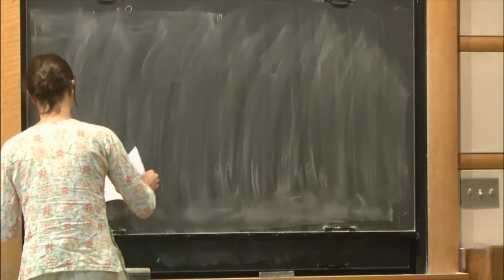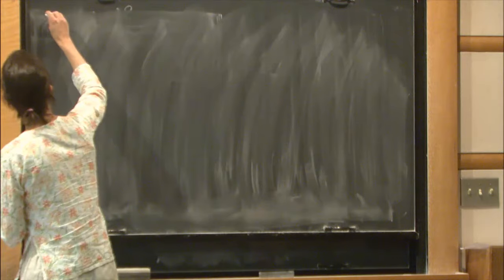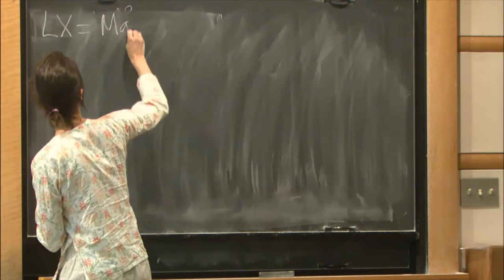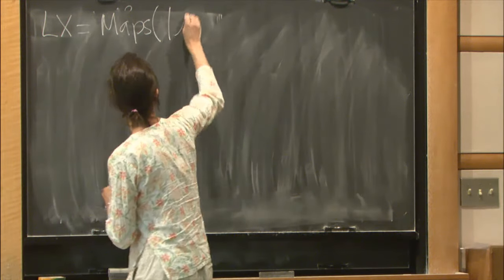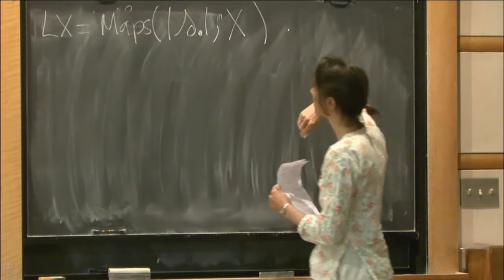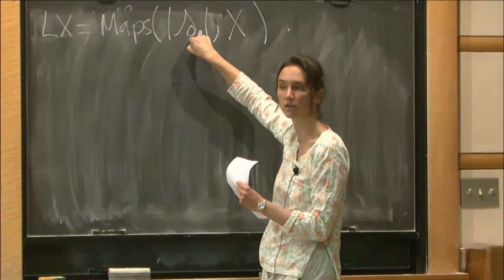So what we did yesterday, we said LX is the same as the maps from the realization of this simplicial set, X. Okay, and then we computed what this was.